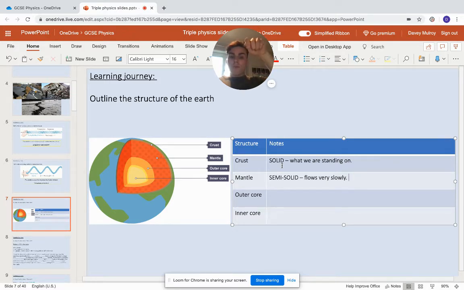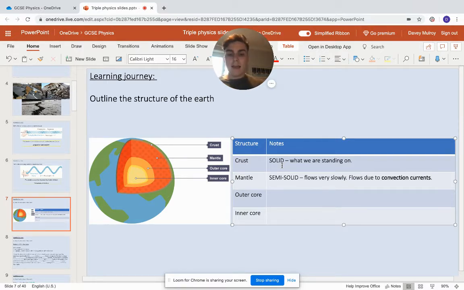All 3 of those foods are going to flow very slowly off the spoon, but they're not going to flow easily like a normal liquid. Now, the mantle flows in a very special way though. It flows due to, and a really key term here, so I'm going to put it in bold for you, convection currents.